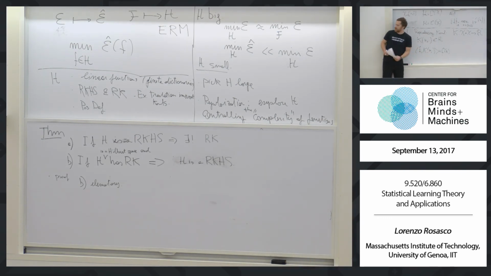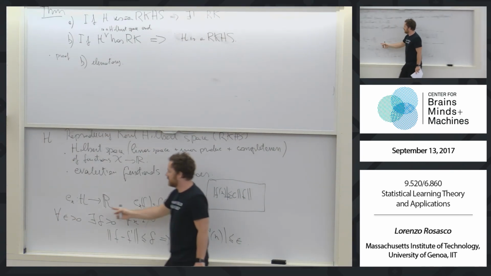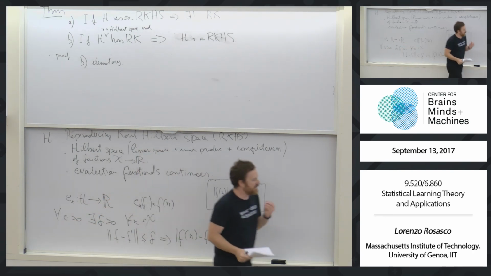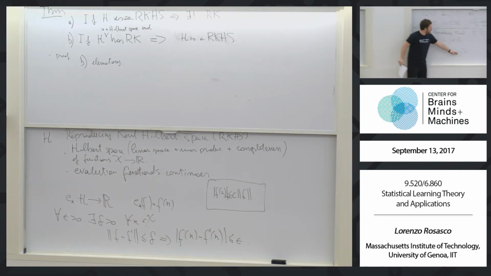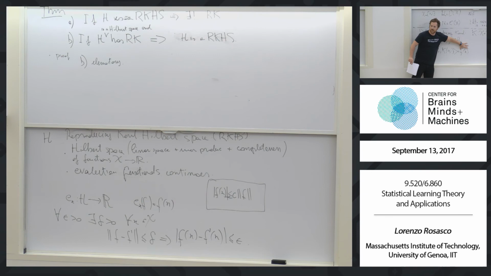What do I need to show? I need to show that this guy is continuous. Well, if I have a reproducing kernel, then it means that the evaluation functional can be written this way by assumption, because that's what a reproducing kernel is. And then I have to show that this norm controls this at every point.